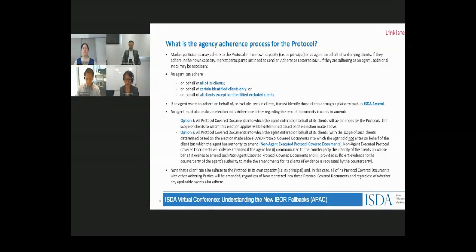That definition is what Francis went through earlier. But those protocol covered documents include these additional master agreements and credit support agreements that I talked about, that in them reference the relevant IBOR. So it's conjunctive. They need to have both elements to be covered by the protocol.